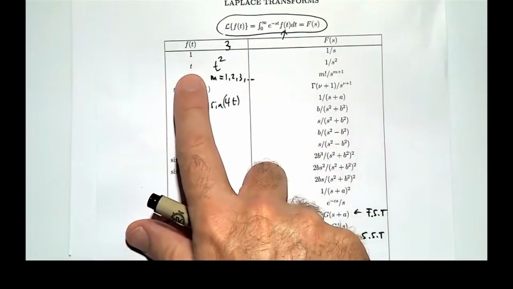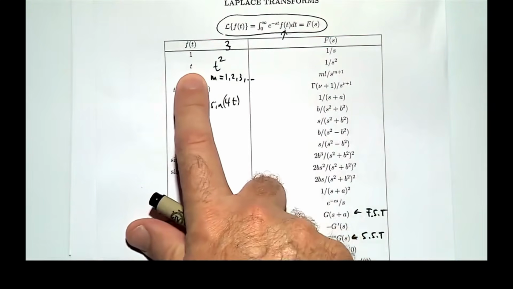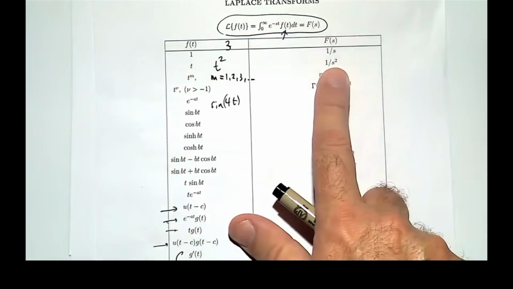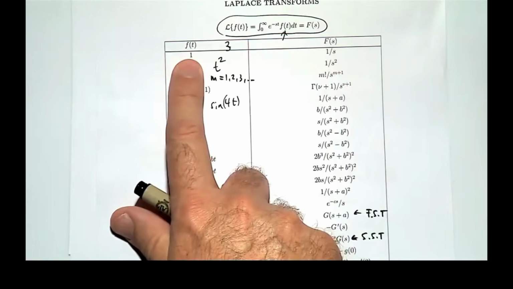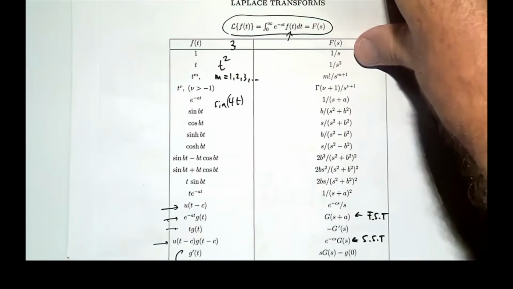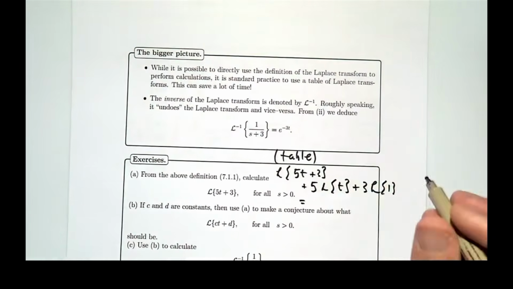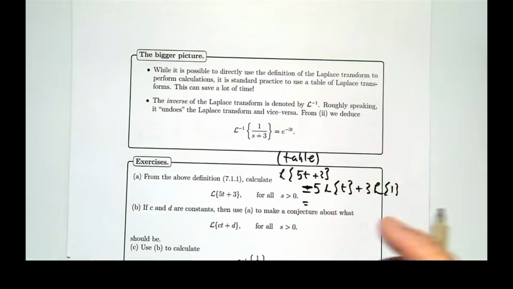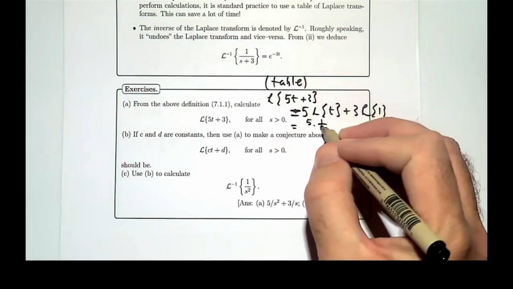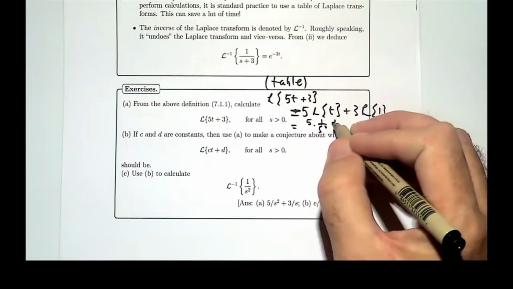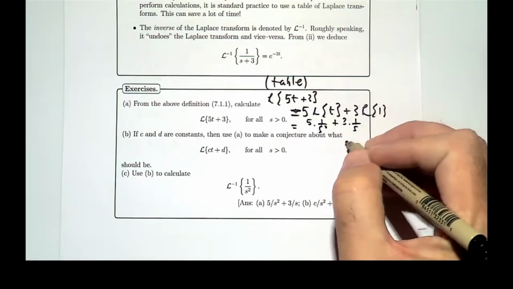I want the Laplace transform of t, so I look over: 1 on s squared, sorry. And I want the Laplace transform of 1, which is 1 on s. So that's going to be 5 times 1 on s squared plus 3 times 1 on s.